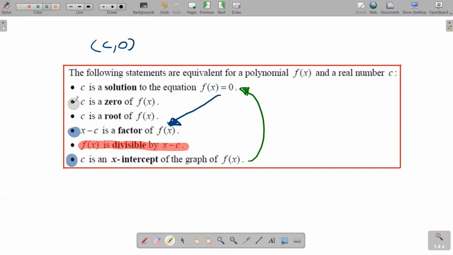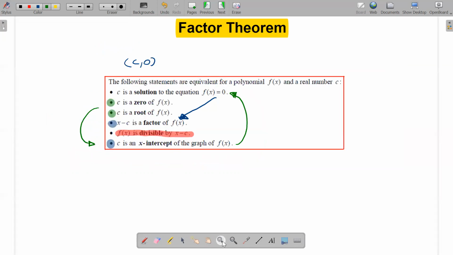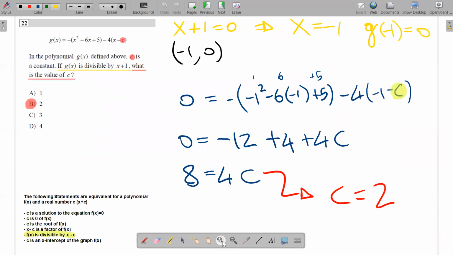Lastly, c is a 0 of f of x, and c is a root of f of x. Those are all synonyms of x-intercept, which means that f of x is equal to 0, which means x minus c is a factor of f of x. Those are all statements that we need to remember, because then we can apply them for the factor theorem in a question like this one.